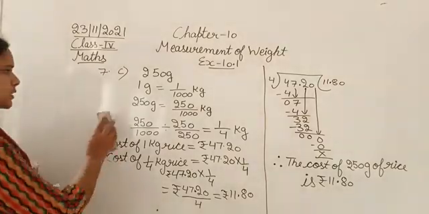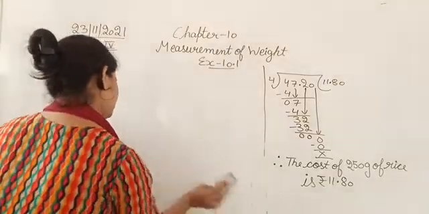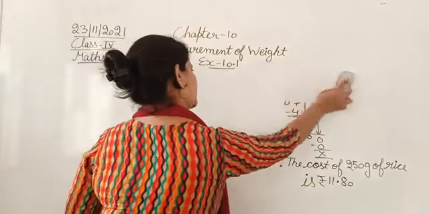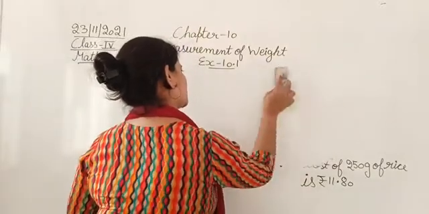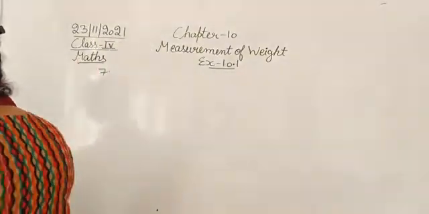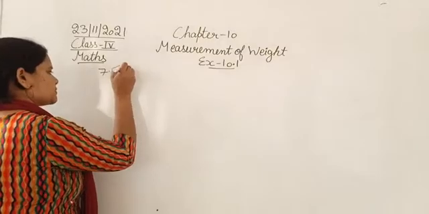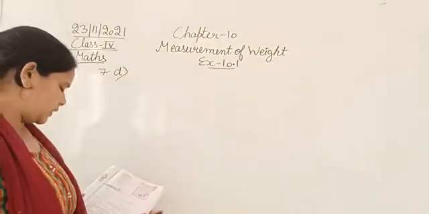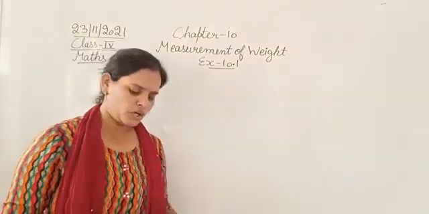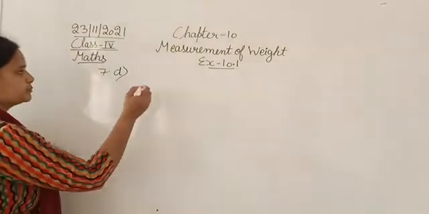Moving next to the D part of question number 7. The D part is, we need to find the cost of 200 gram of rice. 200 gram.